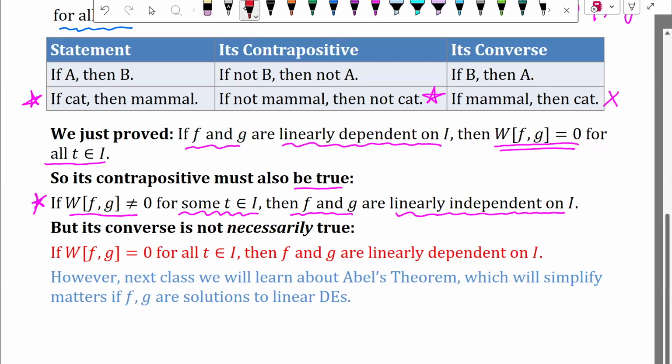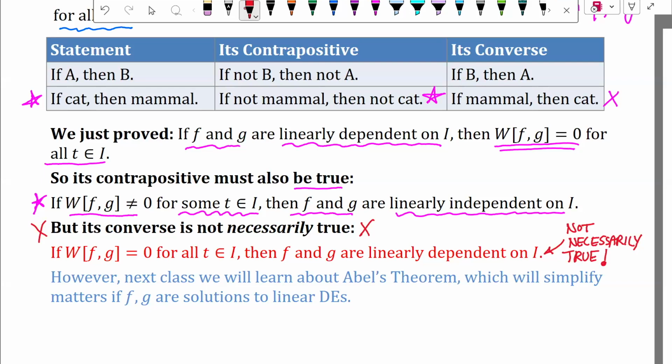But be aware that the converse is not necessarily true. It is not necessarily true that if my Wronskian is 0 for all points on the interval, then f and g are linearly dependent.